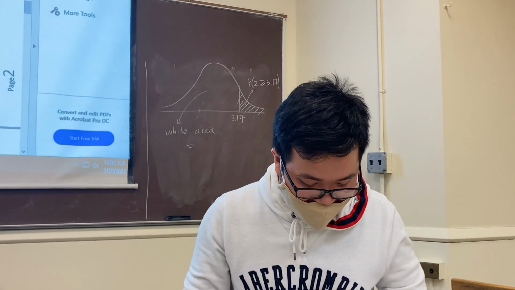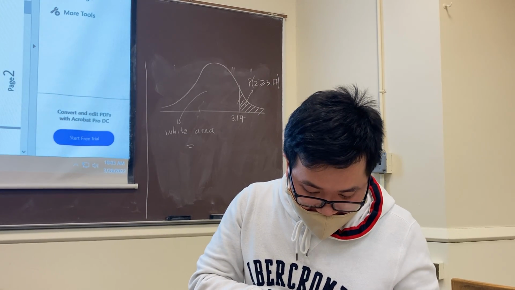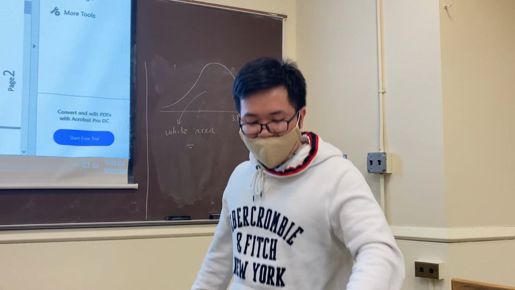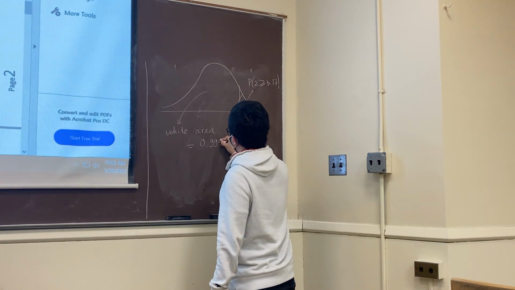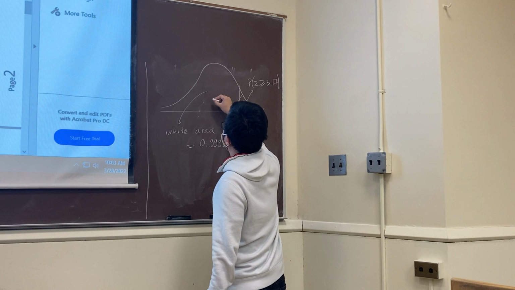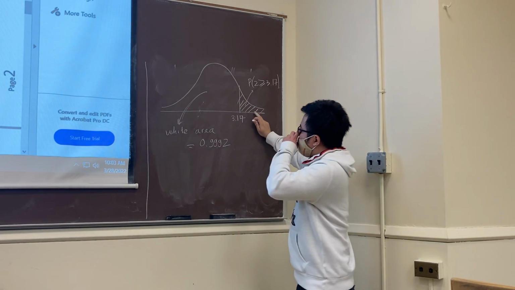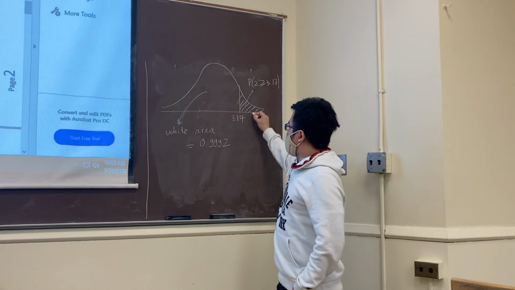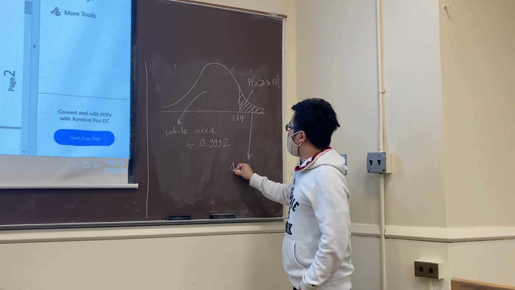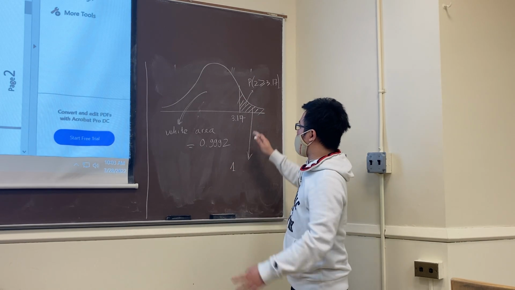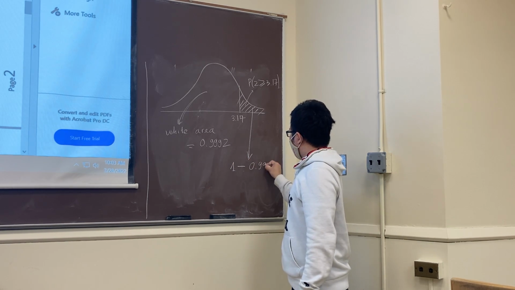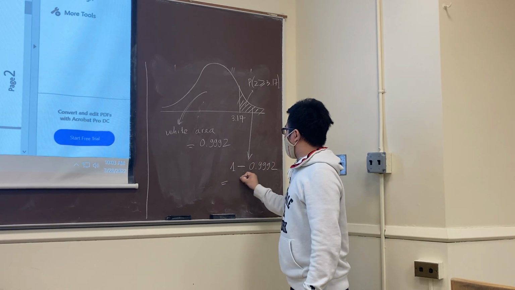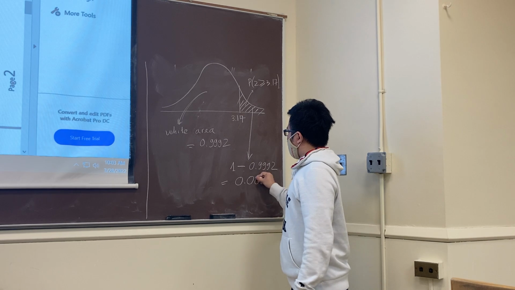So the value here is 0.9992. That is the white area. But we need to find the black area. The whole area is 1, so this is 1 minus the white area, which is equal to 0.008.